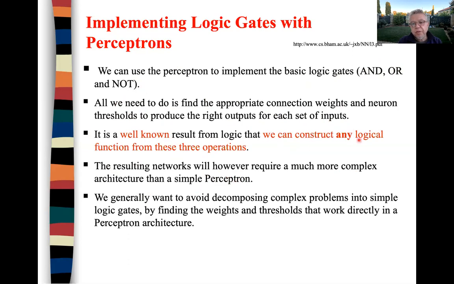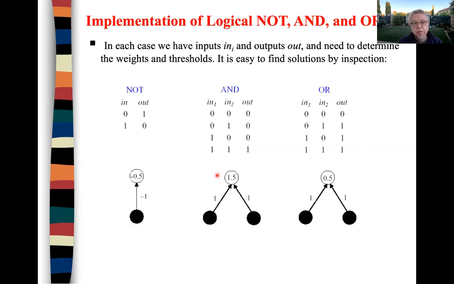So if you want to build a complex logic function, even if you decompose it into these three basic operations, it requires a lot more work to do. So for example, in each case, we have inputs in and output out, and we need to determine the weights and threshold for these three functions.